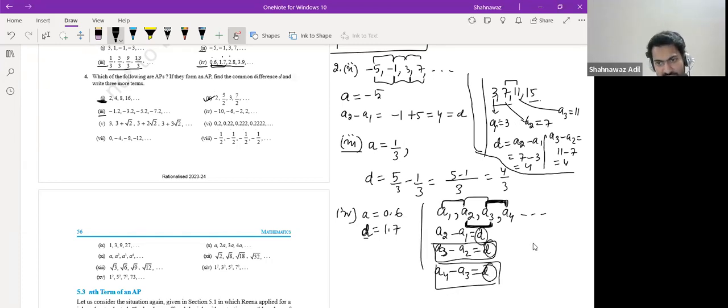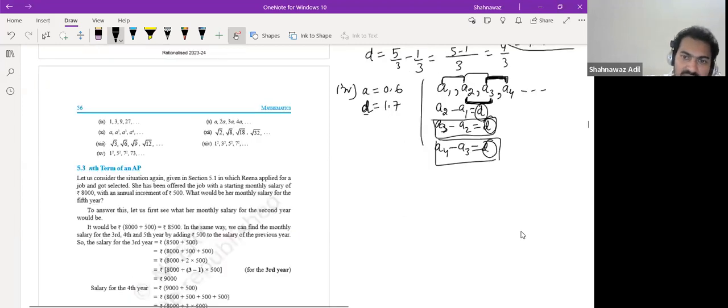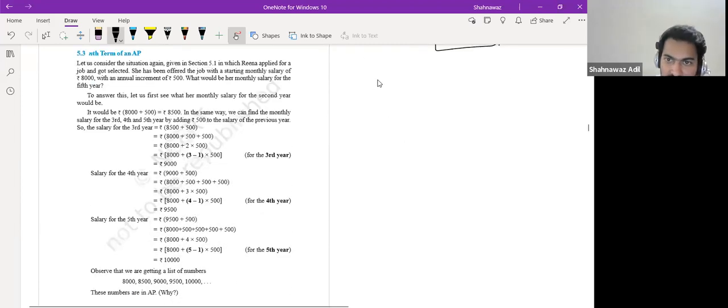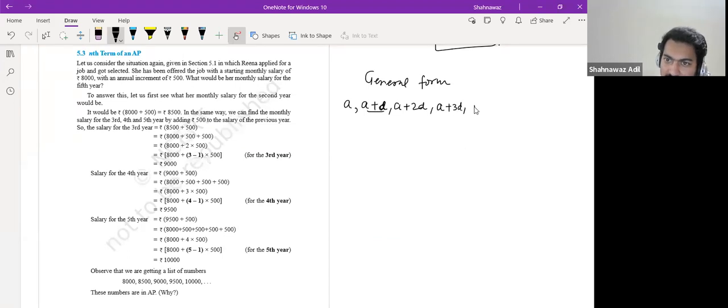Okay. Just remember, whenever you have some problem in understanding, just remember the general form. The general form is A and then A plus D, because the same difference is added. Then D is added to this term. So A plus 2D and then A plus 3D and then A plus 4D and so on.